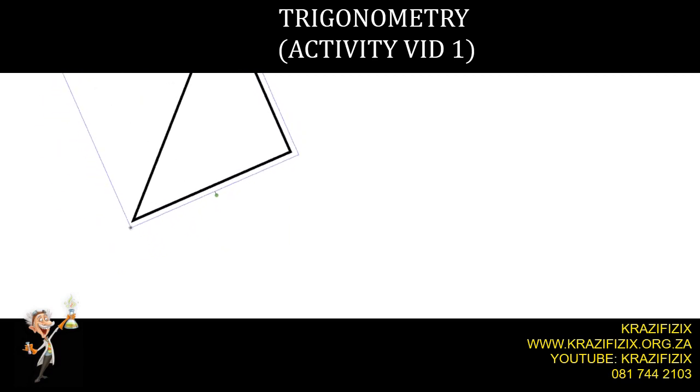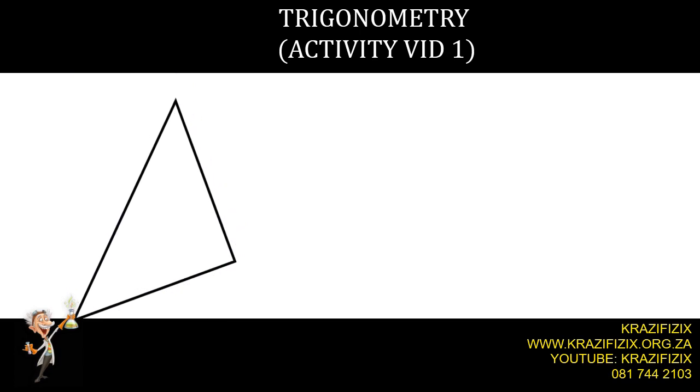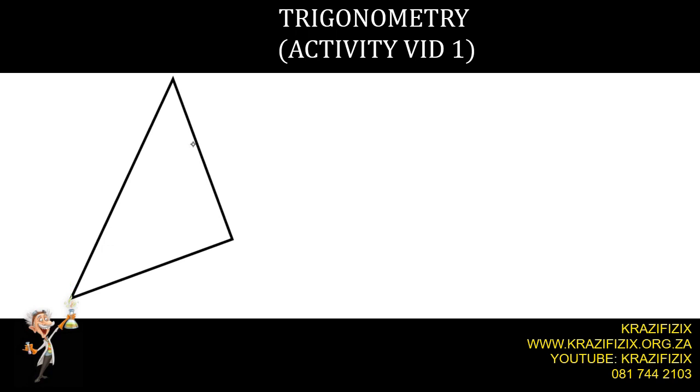It's actually flipped around this way. But it doesn't matter in which way it's flipped. What matters is for us to be able to identify the sides. I have a C there. I have A here. I have 5,6 and I have 67 degrees.